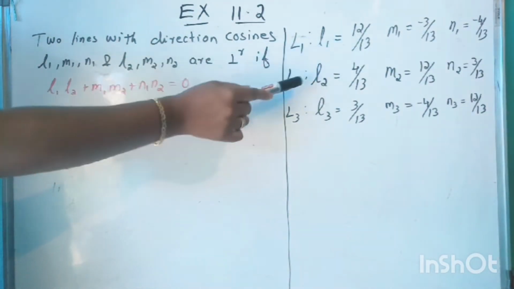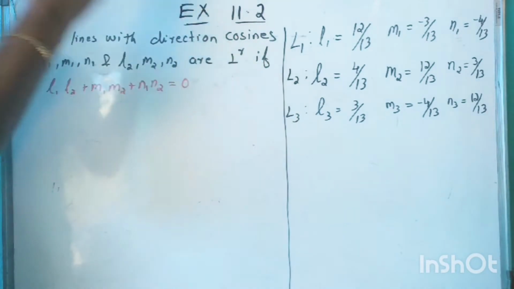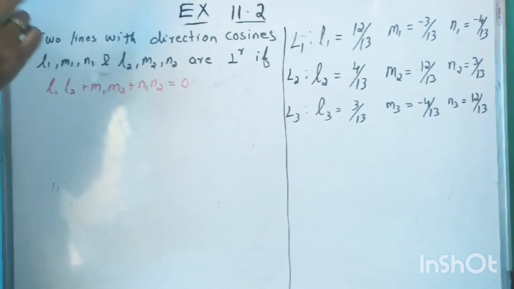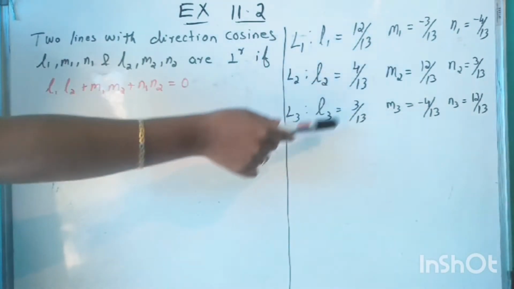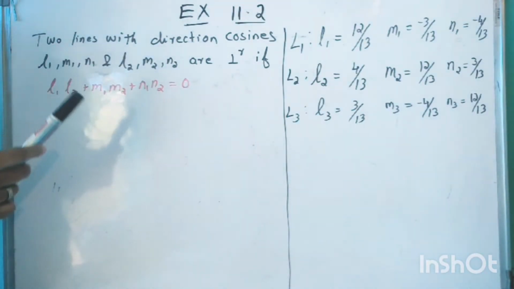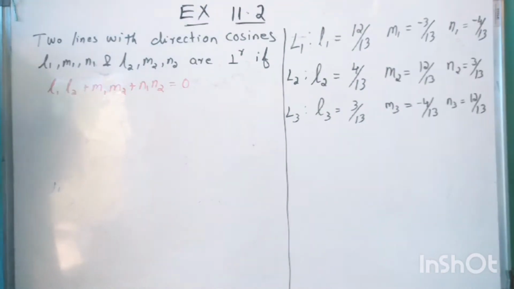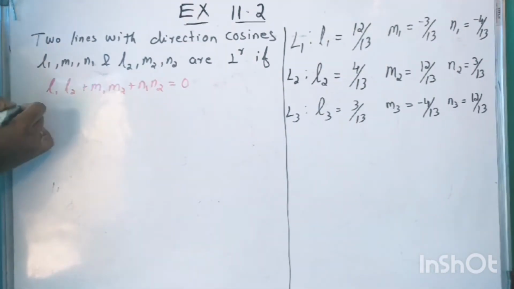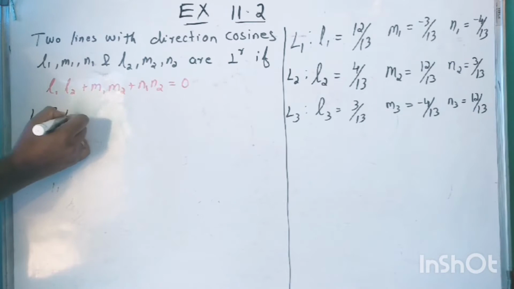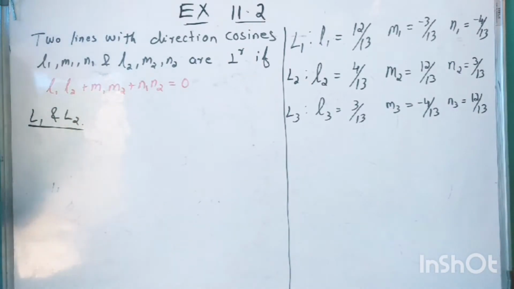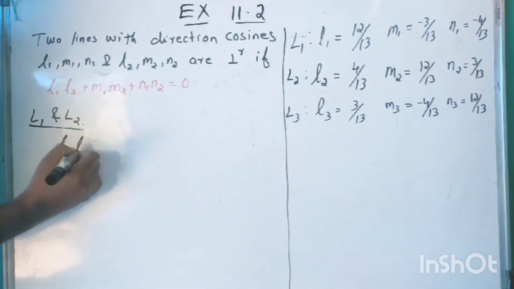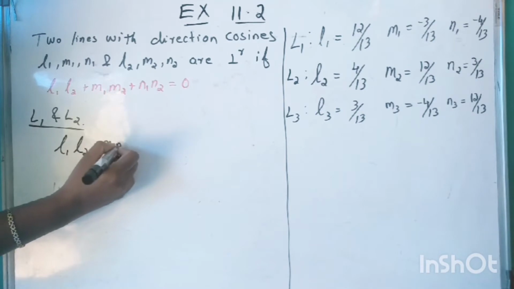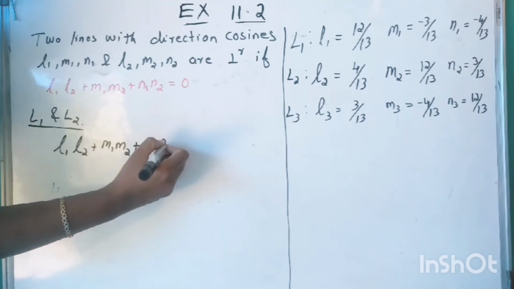This is L1, this is L2 and this is L3, and the direction cosines are given. So L1, M1, N1, L2, M2, N2, L3, M3, N3. Now first I am going to consider L1 and L2, first line and second line. In that case we need to take L1 L2 plus M1 M2 plus N1 N2.